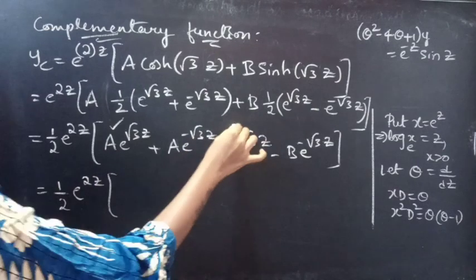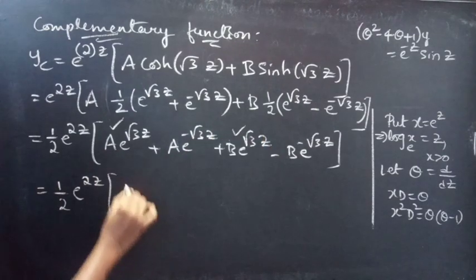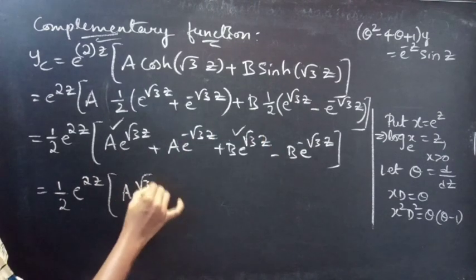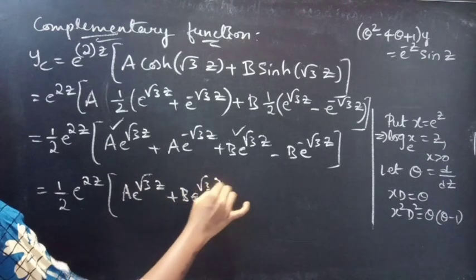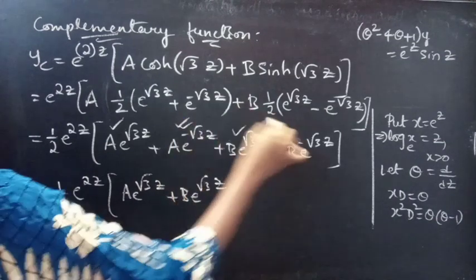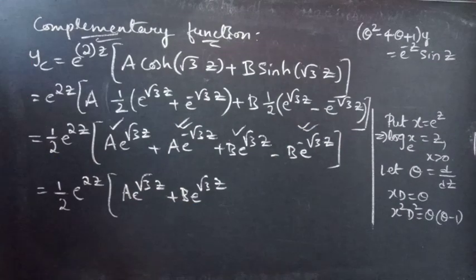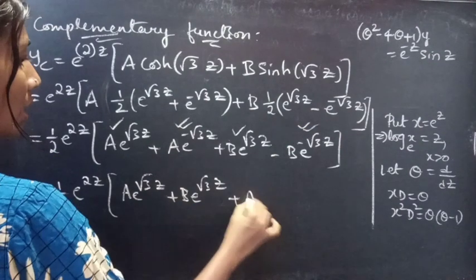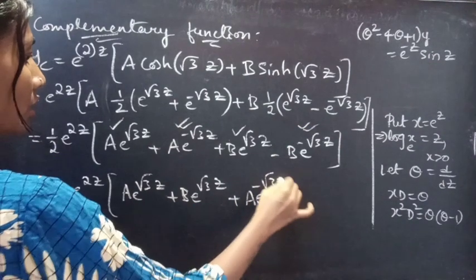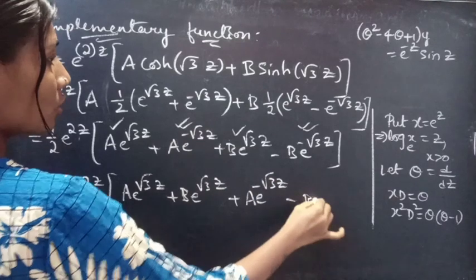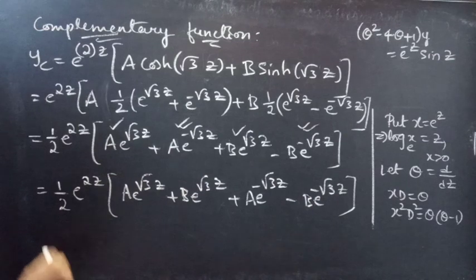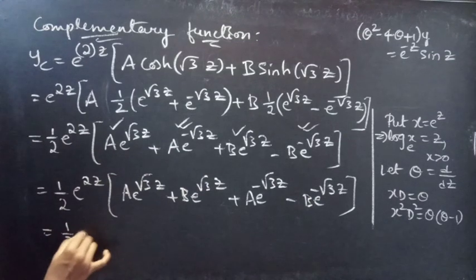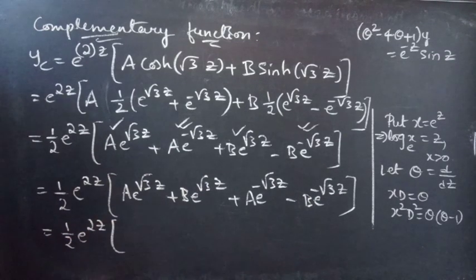Now pick the like terms. a into e power root 3z plus b into e power root 3z. Next go for minus root 3z. We'll get plus a e power minus root 3z minus b e power minus root 3z. Right? This is equals to 1 by 2 into e power 2z into.